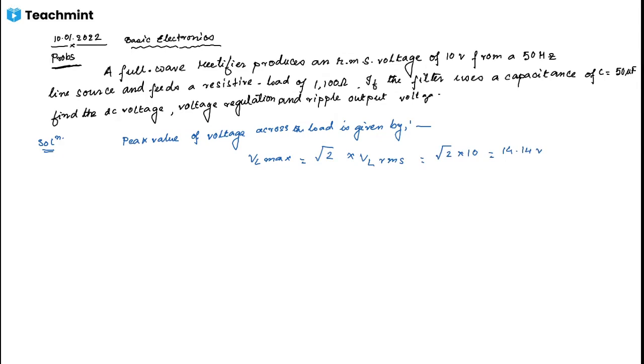Now VDC equals VL max minus IDC by 4 FC. This we know.